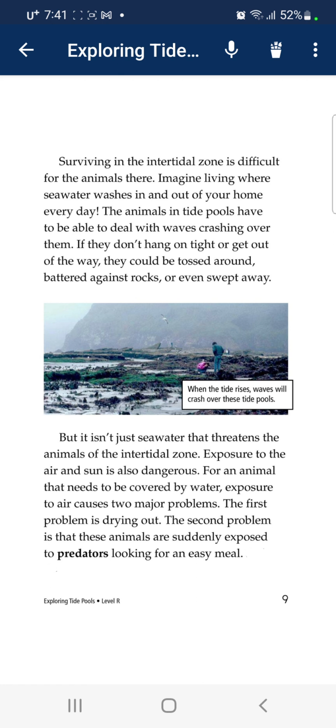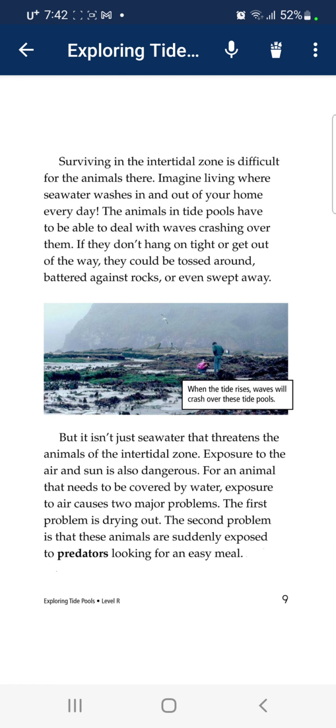But it isn't just seawater that threatens the animals of the intertidal zone. Exposure to the air and sun is also dangerous for an animal that needs to be covered by water.